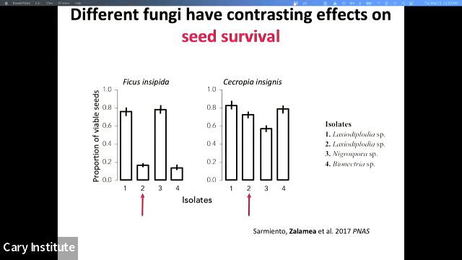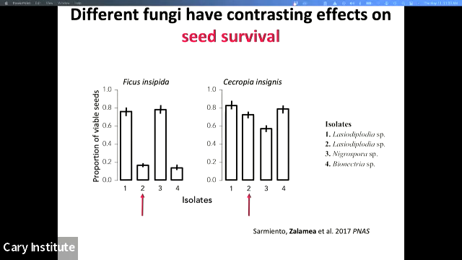And so let me walk you through the results. Remember that we used 7 different species in this experiment, but for time reasons, I will only present data for 2 of them. Here on the left we have Ficus insipida, and on the right Cecropia insignis. On the y-axis, we have the proportion of viable seeds.